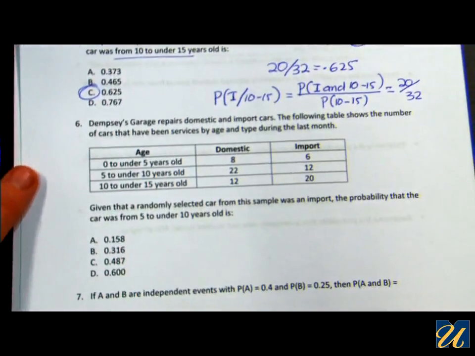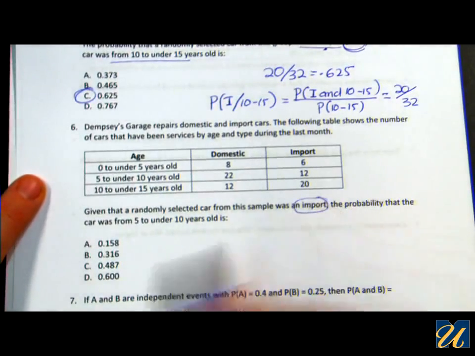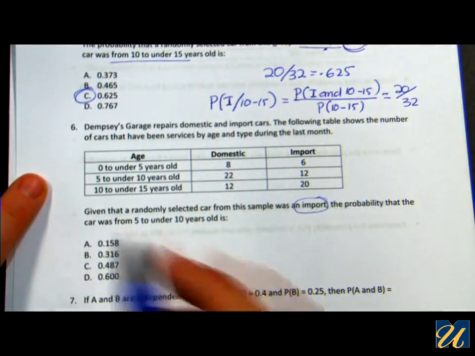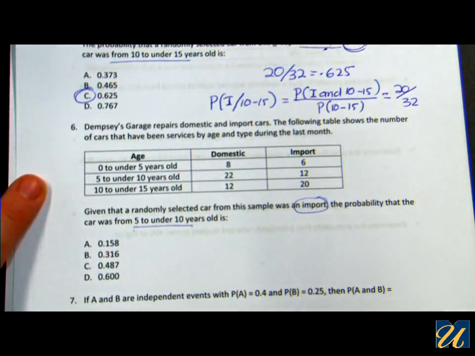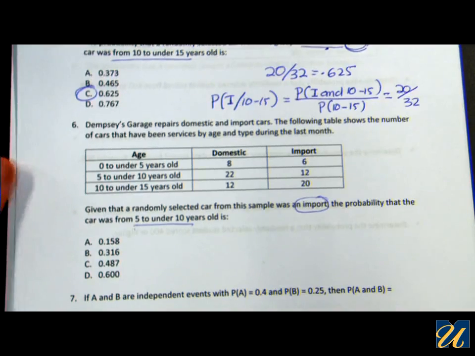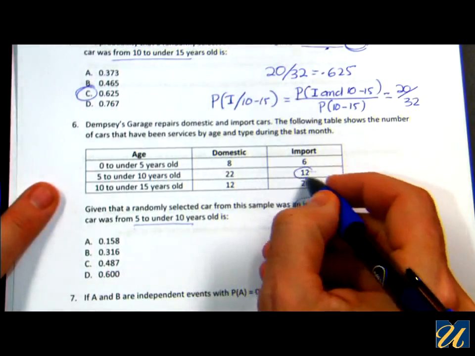Same table. However, here I want to find, given that a randomly selected car from this sample was an import, the probability that the car was from 5 to under 10 years. From 5 to under 10 years, we're right here.